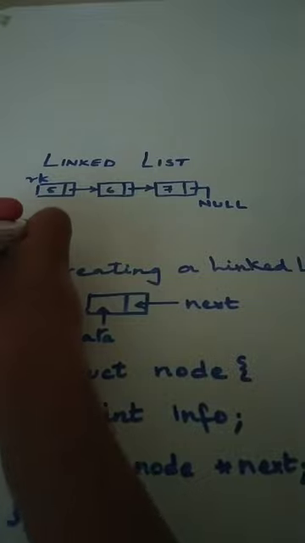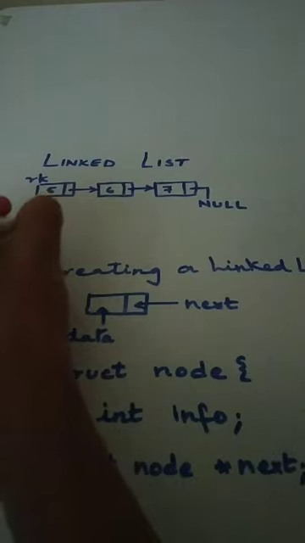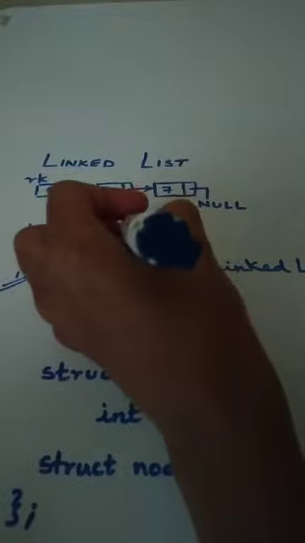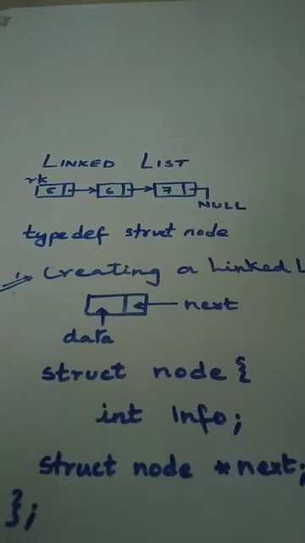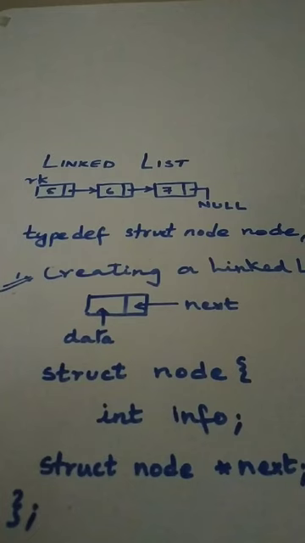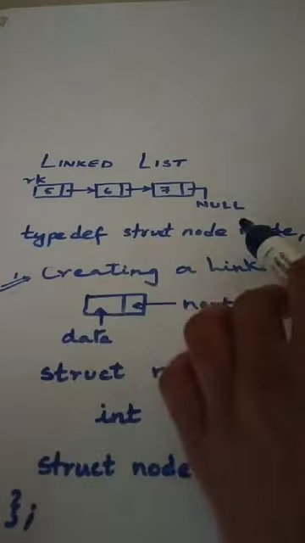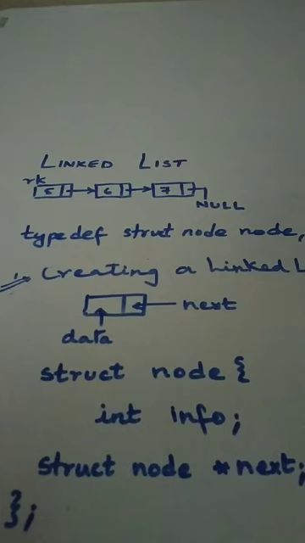Typedef struct node and the new name. Here the new name also is going to be node. Again, there's a semicolon there, if you can see. Why do this? So that every time I declare a member of struct node, I don't have to write struct node. I just can simply write node A, node B, not struct node A or struct node B. So that is another thing there.